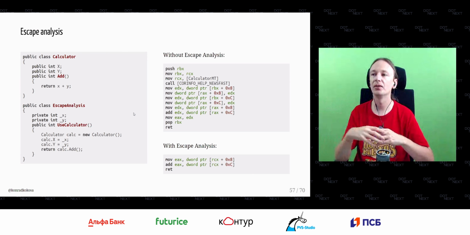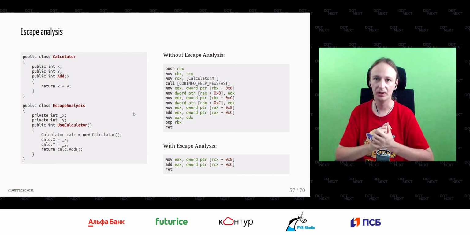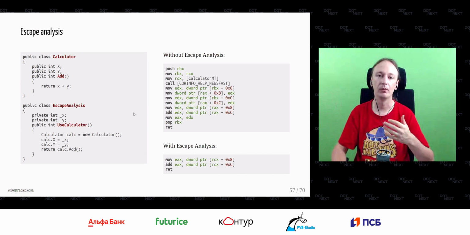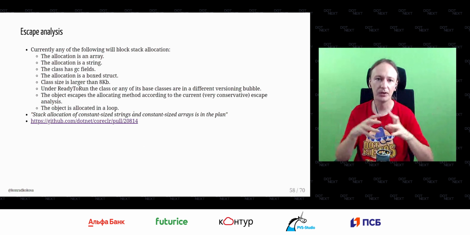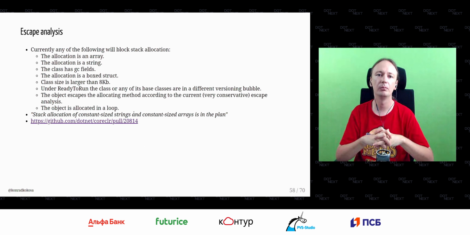So with escape analysis, the code is significantly reduced. We get rid of the allocation totally. We get rid of the whole overhead of the GC, which is also a very powerful thing. And I believe it will speed up some programs really significantly. Currently, there is a simplified version of escape analysis implemented.